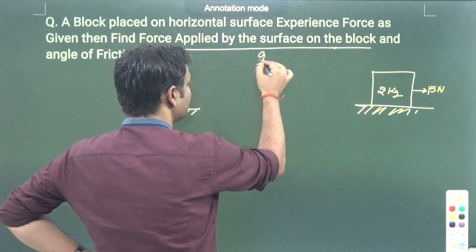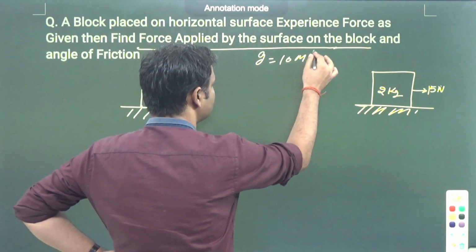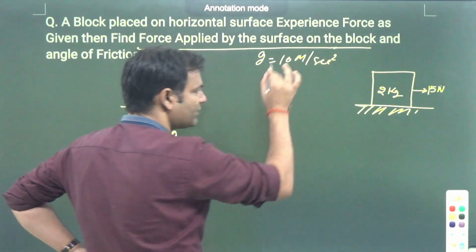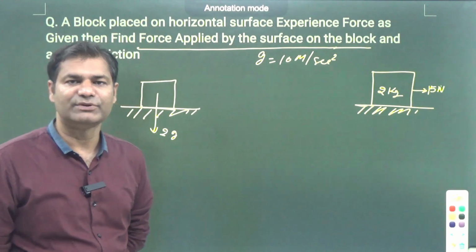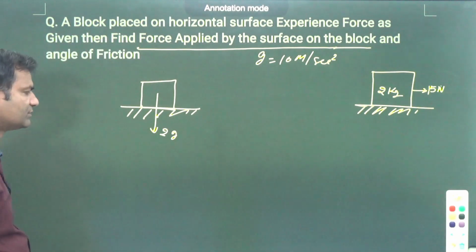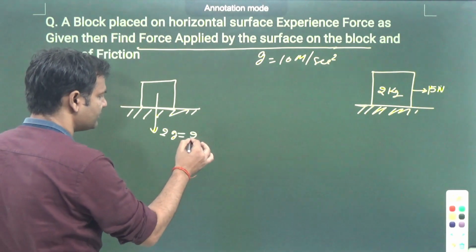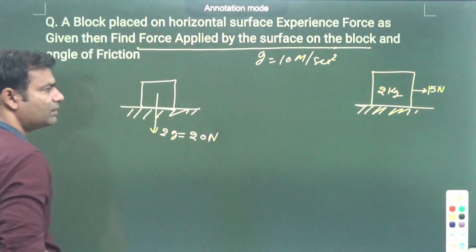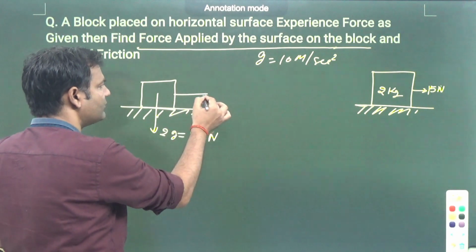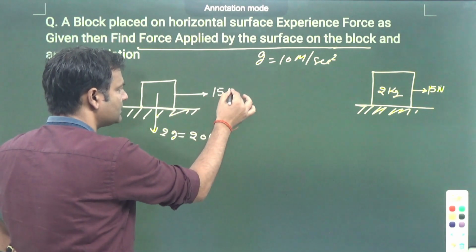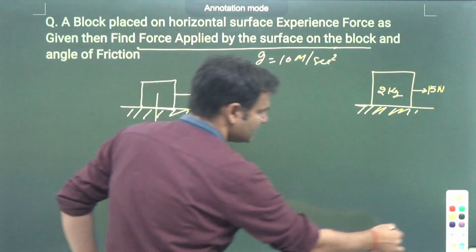We have taken g equal to 10 meters per second squared for simplicity, otherwise you can choose 9.8. So 2 into g is 20 Newton, and here the applied force is 50 Newton. Clear?